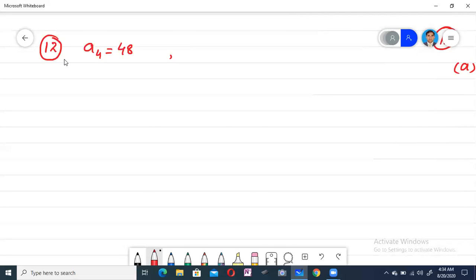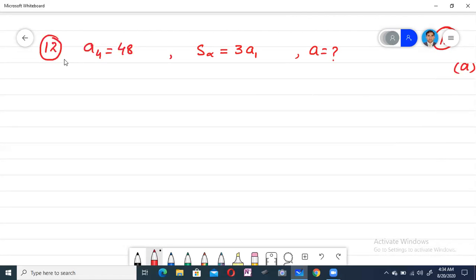And the sum to infinity is 3 times the first term. Sum to infinity, S infinity, is equal to 3 times the first term. First term we can say A1. Find the first term. We need to find this value.